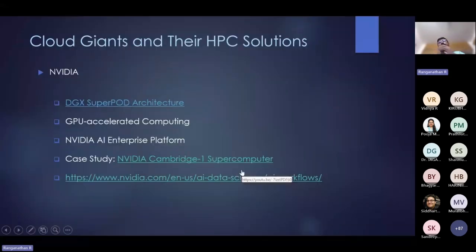let's look at a couple of case studies, right? So the first one is on the NVIDIA Cambridge supercomputer. I think King's College London has used this facility, and they have developed a solution. We look at that, and there's also another live solution where real-life translation is happening, right? So let's look at both of these, and then I'll probably explain to you in detail, right?